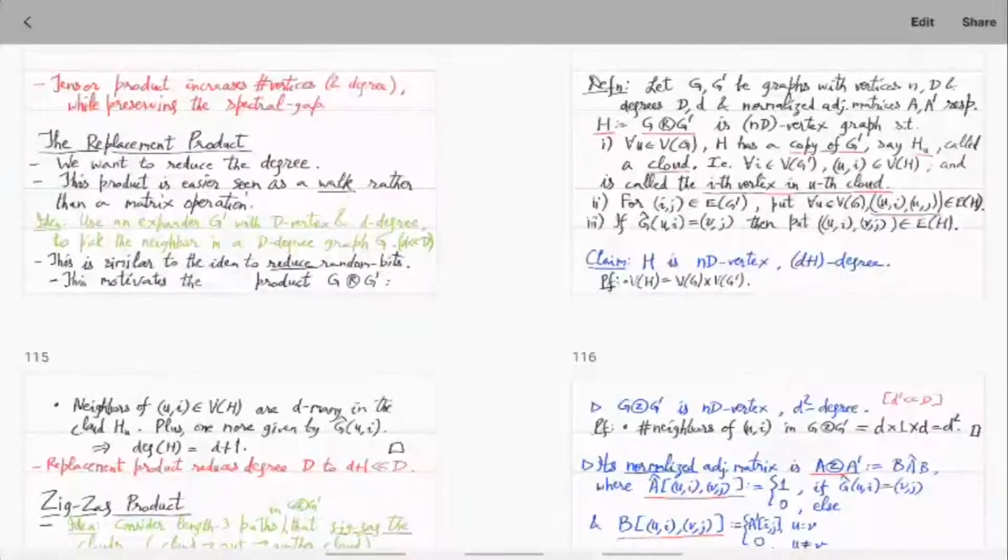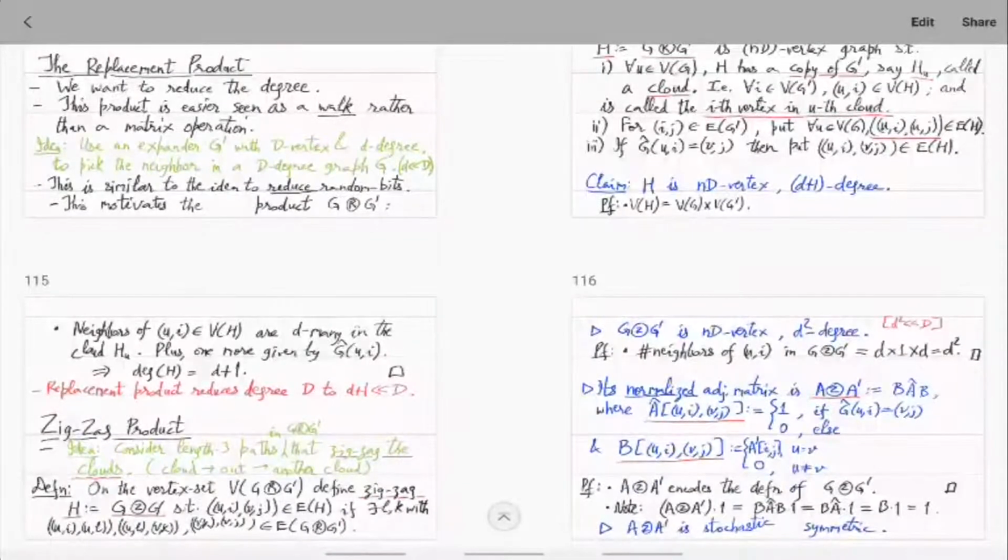And then whenever you have to walk or pick a neighbor in the graph G, you make that decision by walking in G prime. That was the main intuition, and then there was this extended definition and all. So that gave us the replacement product.